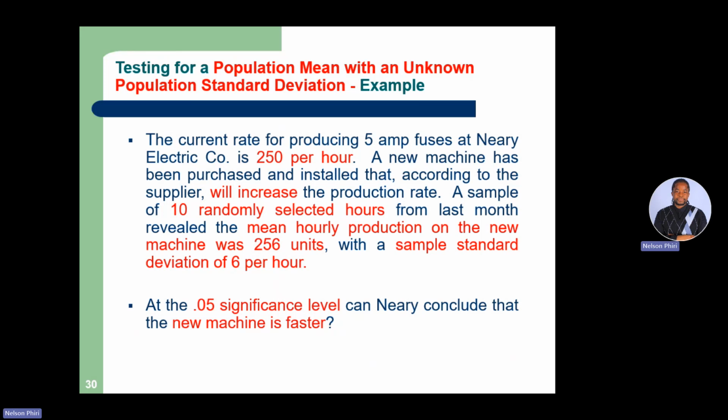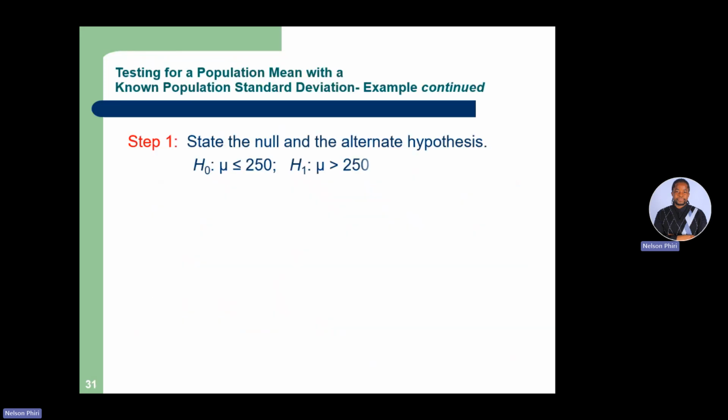So we're expecting a greater rate per hour than the current rate of production. So your alternative hypothesis should be mu greater than 250. H alternative: mu greater than 250, as I've said. Then H naught is mu equal to or less than 250.